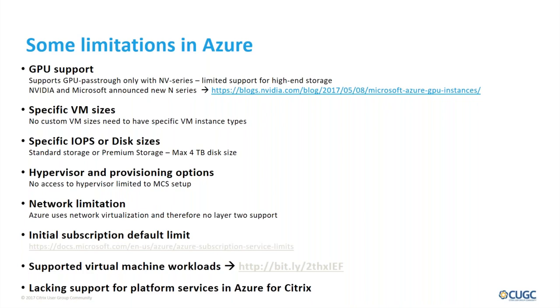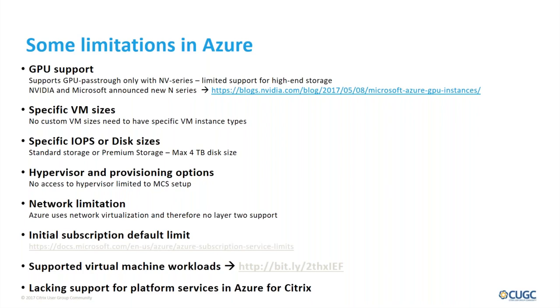If we go back one month, the maximum size of a disk in Azure was 1 terabyte, and the disk format is still only VHD. But they recently announced support for disk sizes up to 4 terabytes instead.